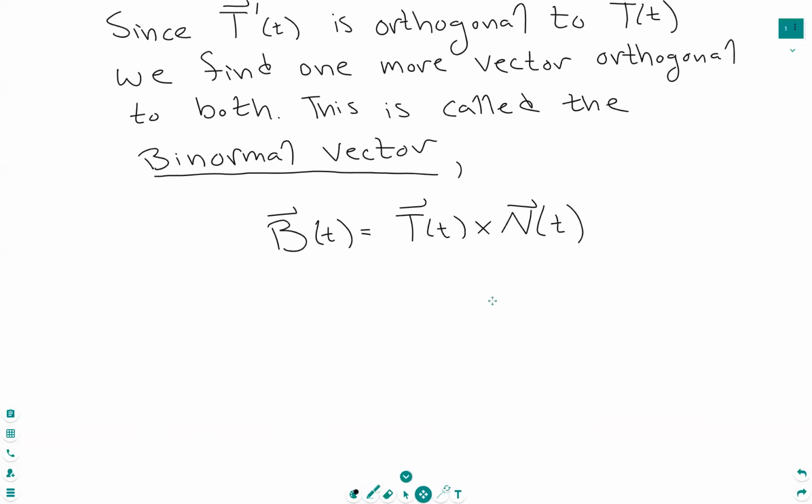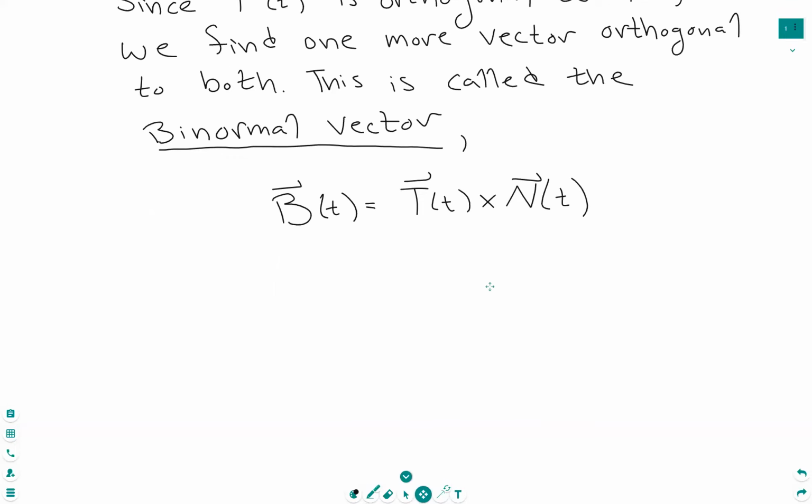So that creates three orthogonal vectors. We call these the unit tangent, the unit normal, and the binormal vectors, and we call this whole framework the TNB frame.